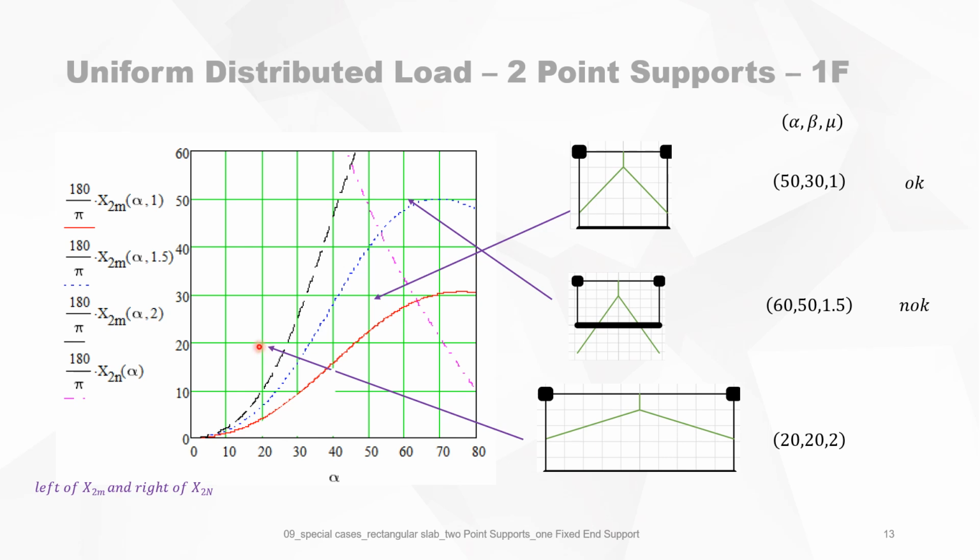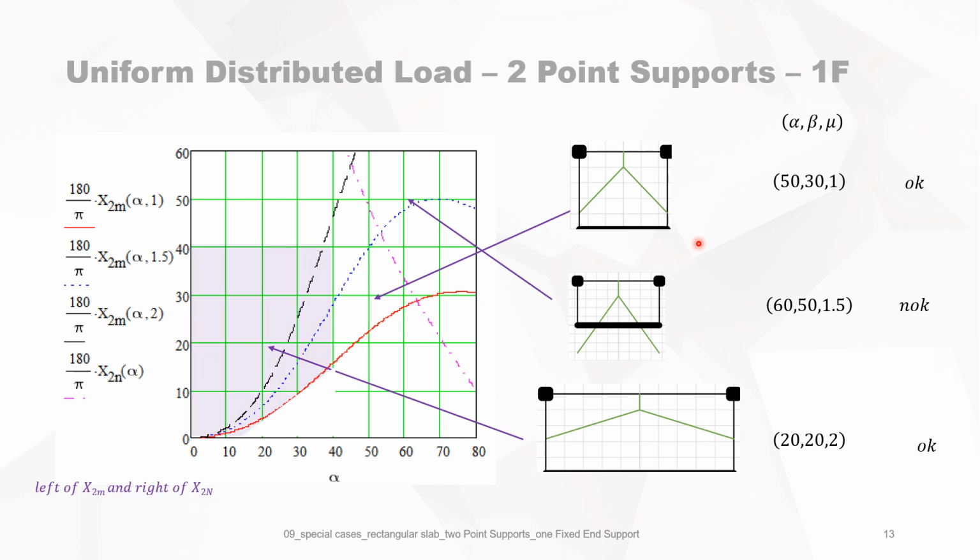So 20 degrees is okay. And we do not have to worry if A1 must be positive or not, because we are almost on the left-hand side. So you see, it's sometimes a little bit complicated to see which valid combinations of alpha, beta, mu are allowed.